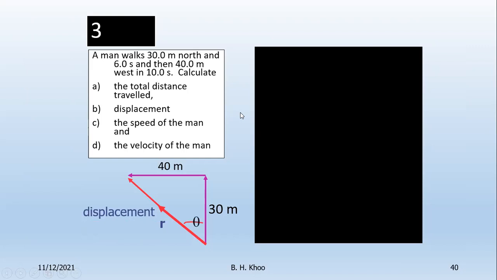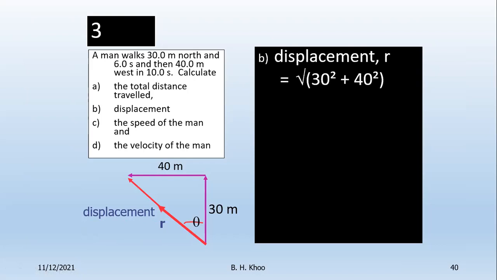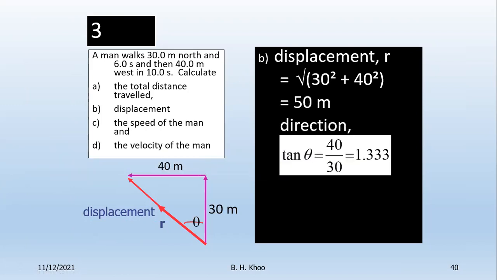Remember, displacement is a vector, so you must have not only magnitude but also direction. Using Pythagoras' theorem, 30 squared plus 40 squared, and then square root the whole thing, get 50 meters. And find the angle, the direction. As long as you show the angle clearly, no need to define north, how many degrees where. So on the drawing, tan theta is 40 divided by 30, and then use your calculator, 53.1, 53 degrees.